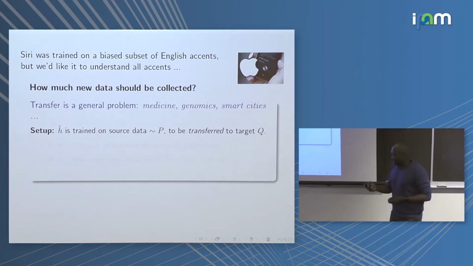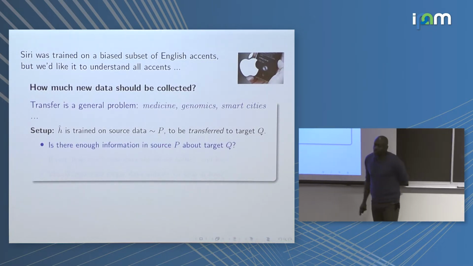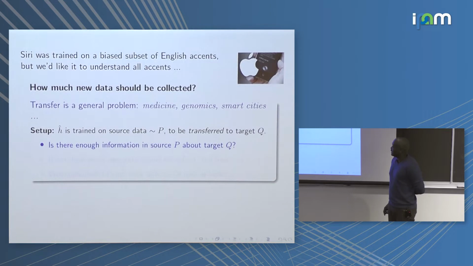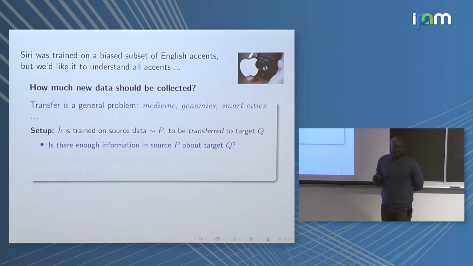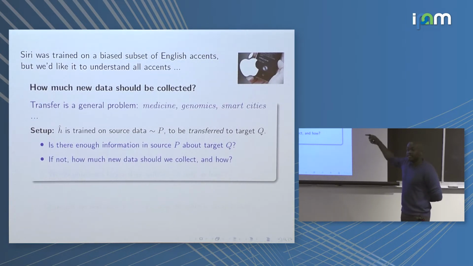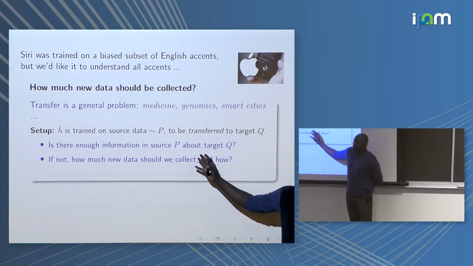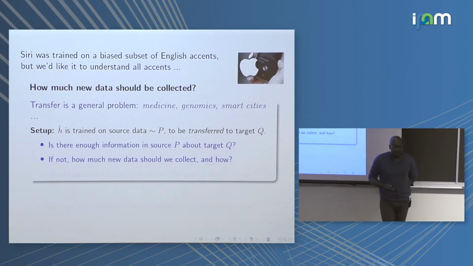Underlying that question is a first basic question: is there enough information in P about the target Q? And what do we even mean by information here? The next question is, if there is not enough information, how much data then should we collect, and how should that depend on the amount of information between P and Q?